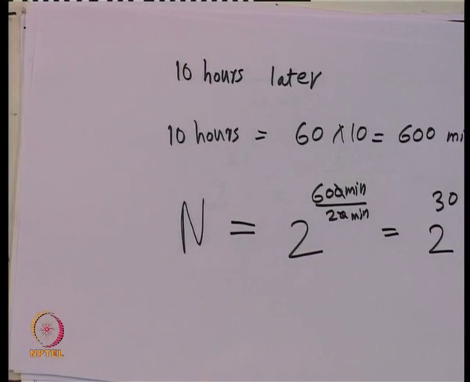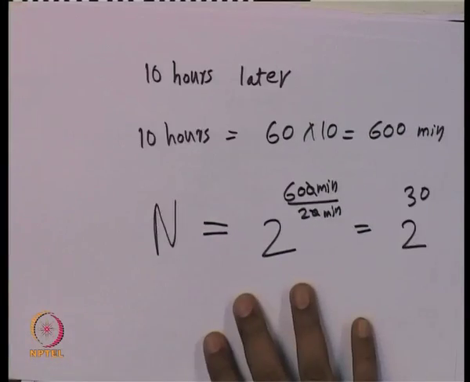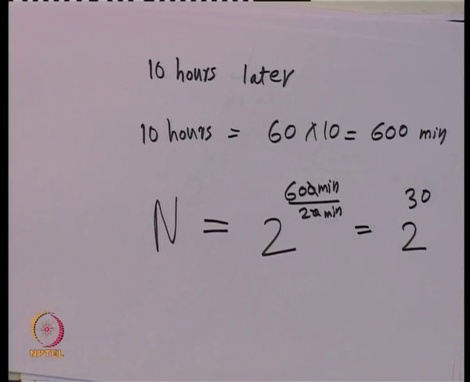So, there will be 2 power 30 bacteria after 10 hours. This is how this mathematical function is useful in understanding biological phenomena, for example, bacterial E. coli growth as we saw here.